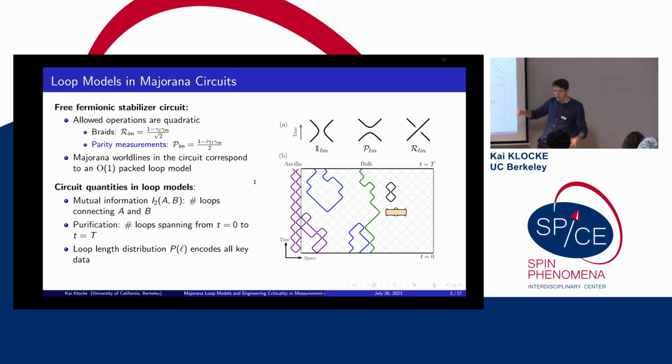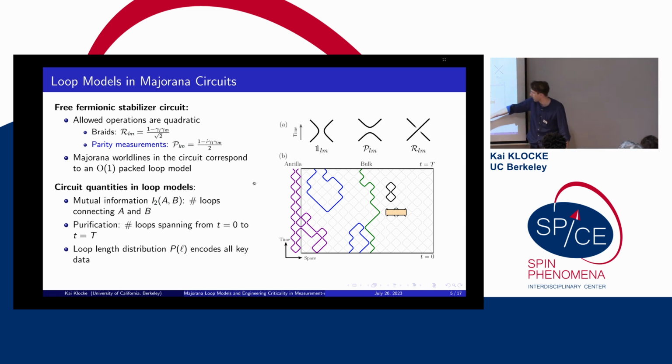And one now has a direct dictionary from quantities that we might want to compute for these entanglement transitions to quantities in the loop model. So for example, the mutual information between two subsystems at the final time of this circuit just amounts to asking how many loops connect subsystem A to subsystem B along the top boundary of this two-dimensional space-time that the loop model lives on.